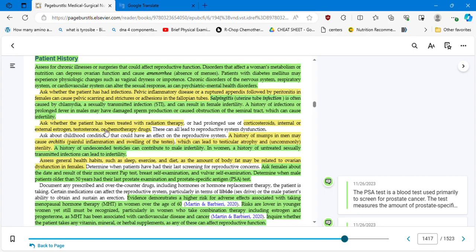Ask whether the patient has been treated with radiation therapy or corticosteroids, internal or external estrogen, testosterone, or chemotherapy drugs. I want to say something about this.